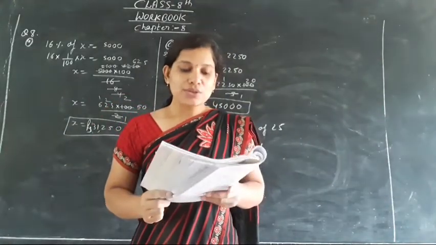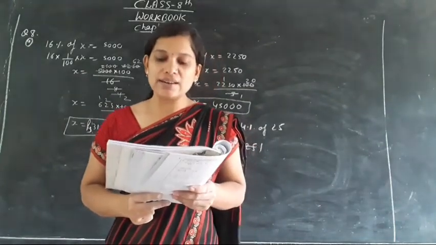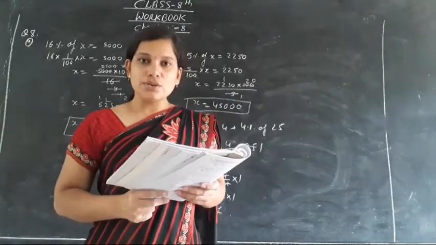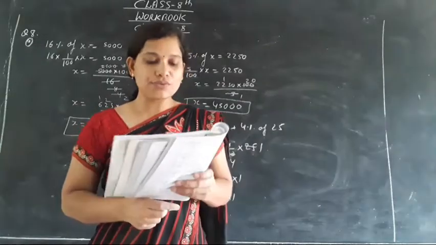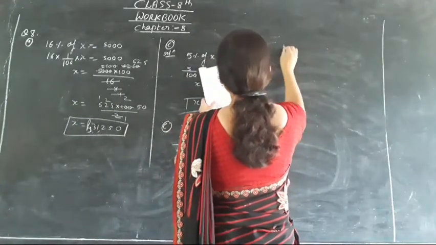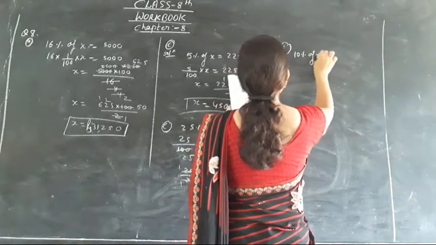Okay. Now what is the next question? D part: a man received a 10% increase in his salary. His new salary is rupees 5060. Find his original salary. So in order to find his original salary, the increased salary is 10% of the original salary plus the original salary.